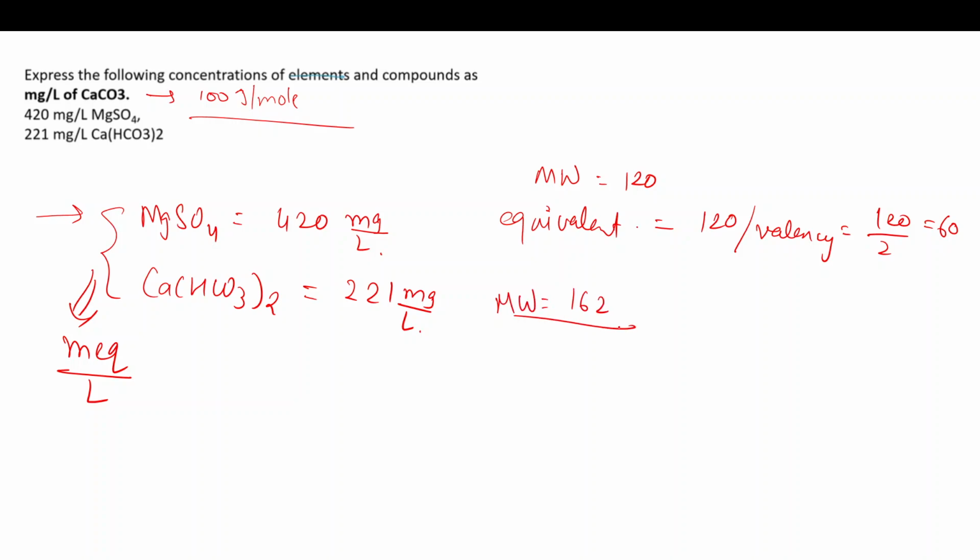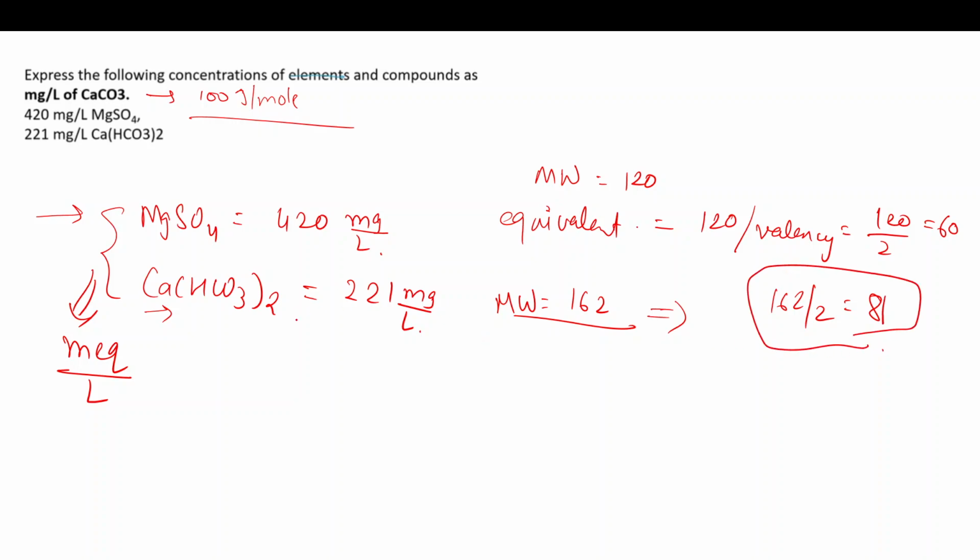So what will be the equivalent weight of calcium bicarbonate? Since here the overall valency for calcium is 2, the equivalent weight will be 162 by 2, which is 81.